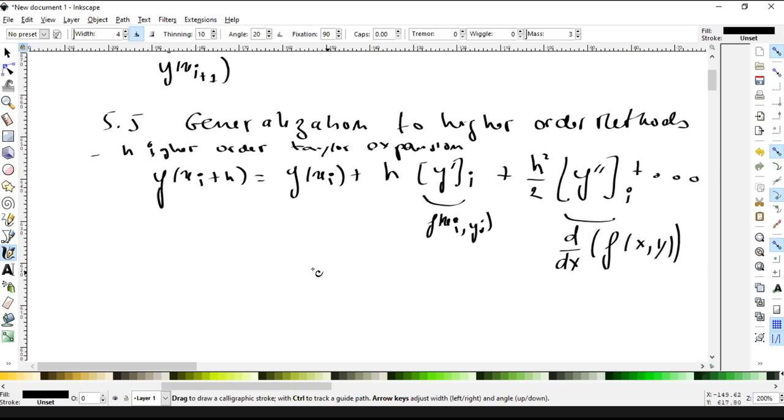Now what you have to know is that y depends on x. It's a function of x, right?